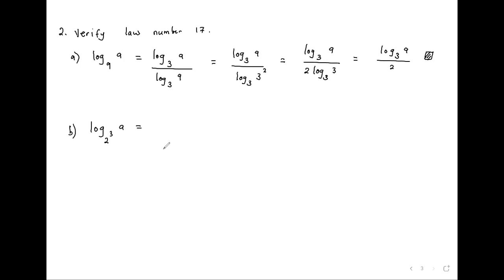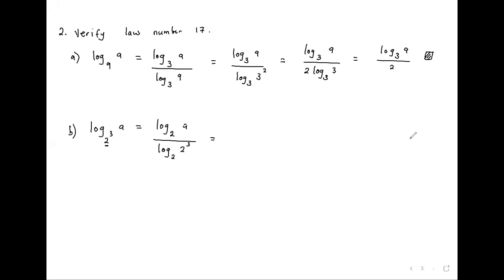So if you look at this, because of this 2, which is the base to the power something, we want to change the base to 2. So we'll have change of base: log 2a over log 2 to the power 3.